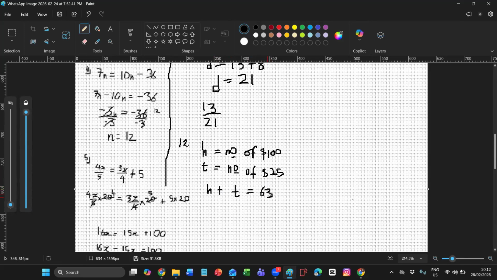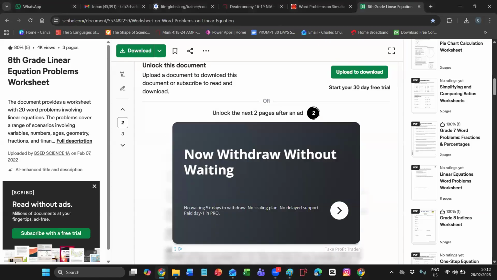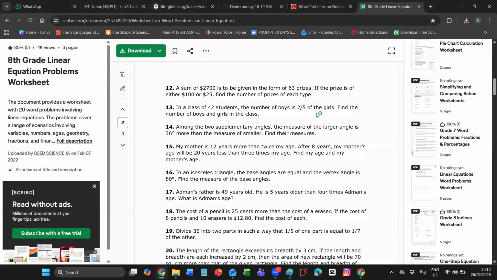Okay. All right. So now let's go for the next equation. The next equation is the one that gives us the total money. The total amount is what? $2,700 is the total amount. So look at what I'm going to do now.